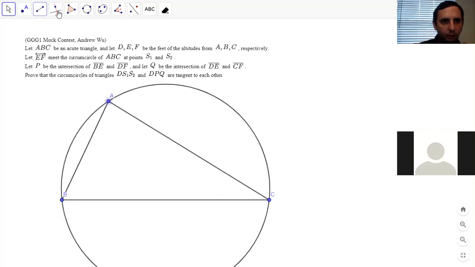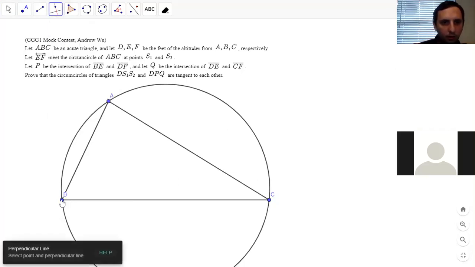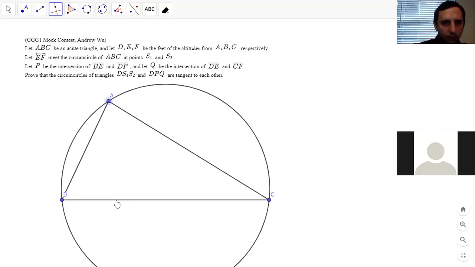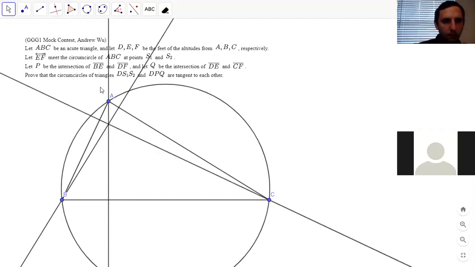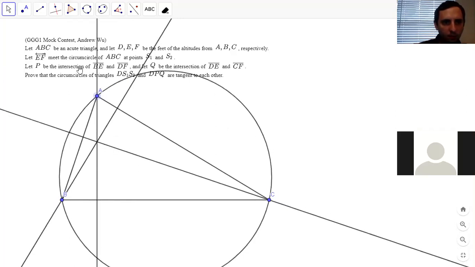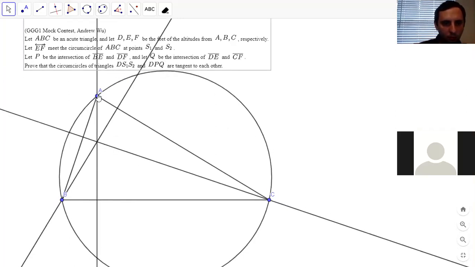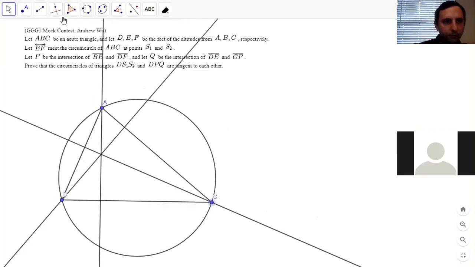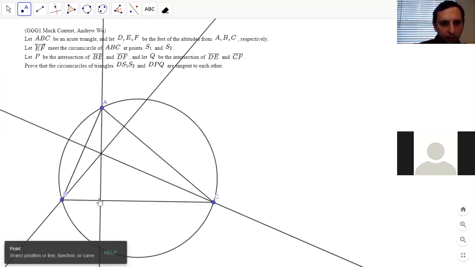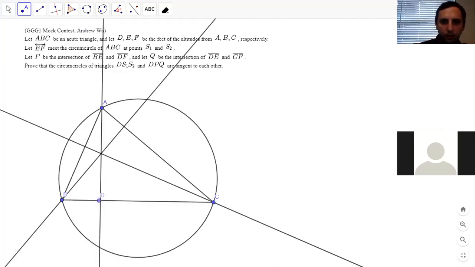Let's draw the altitudes, D, E, and F. We make this a little smaller of a circle. That looks better. D, E, and F. EF meets the circumcircle at 2 points.